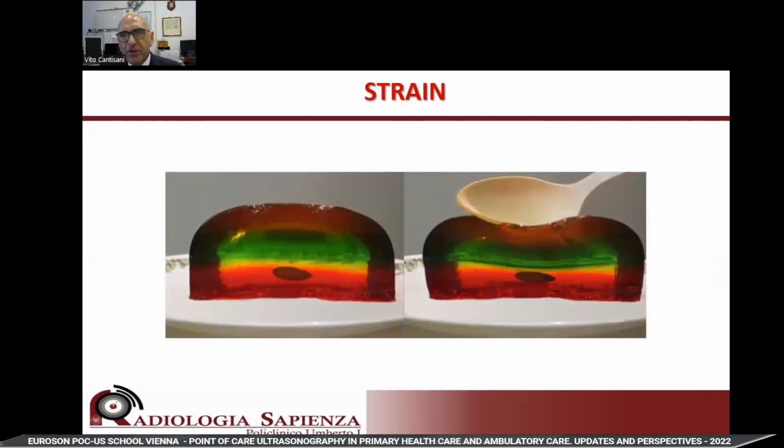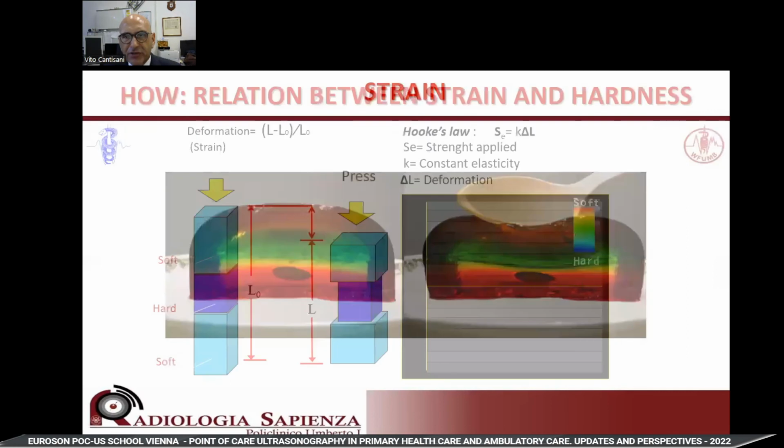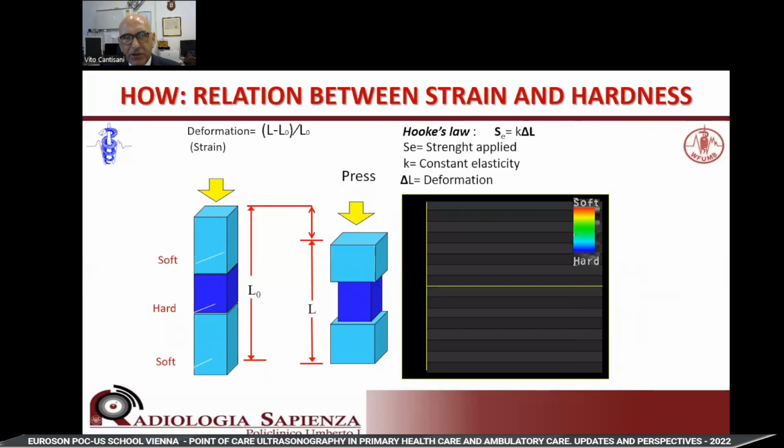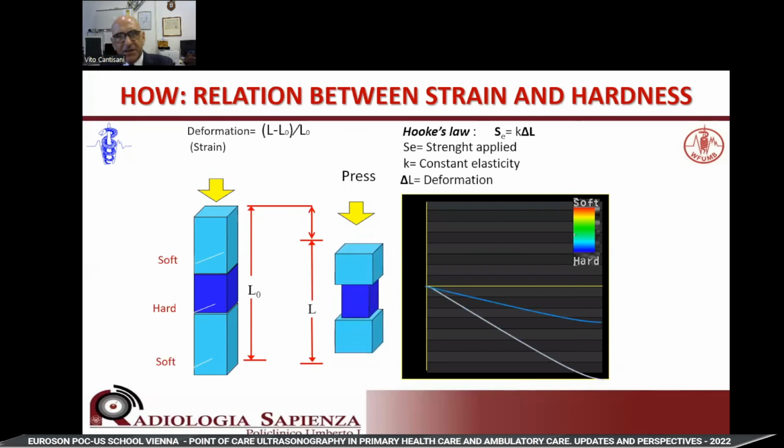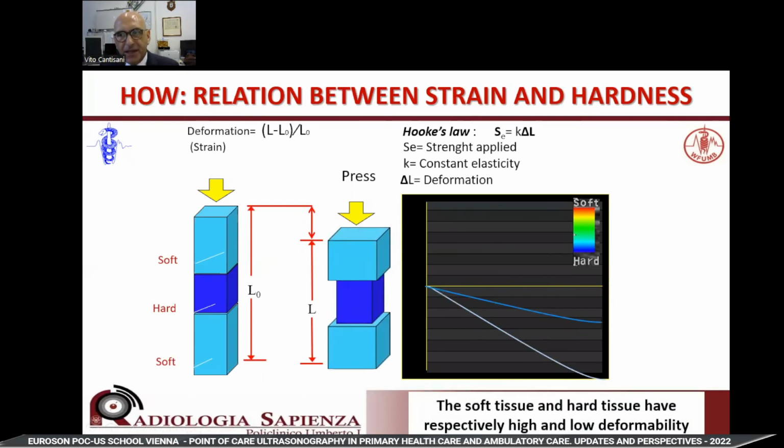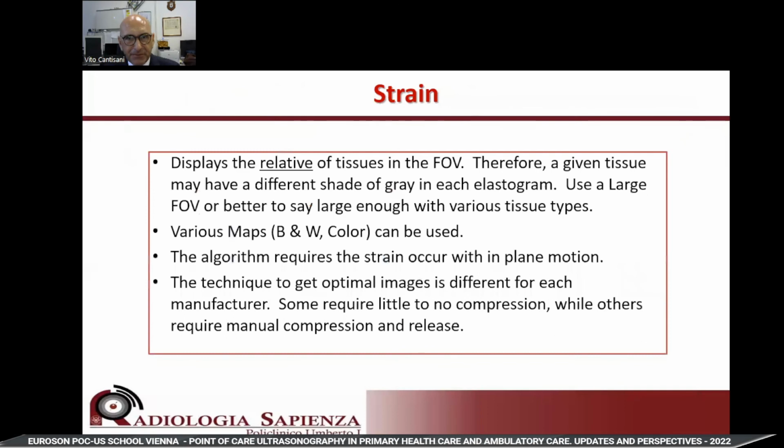There is a typical example that you can do in real time in order to understand the relation between strain and hardness, represented in this scheme and reproduced by a polychromatic scale. At the end, you may achieve a different colorization of the tissue according to how stiff or how soft it is.